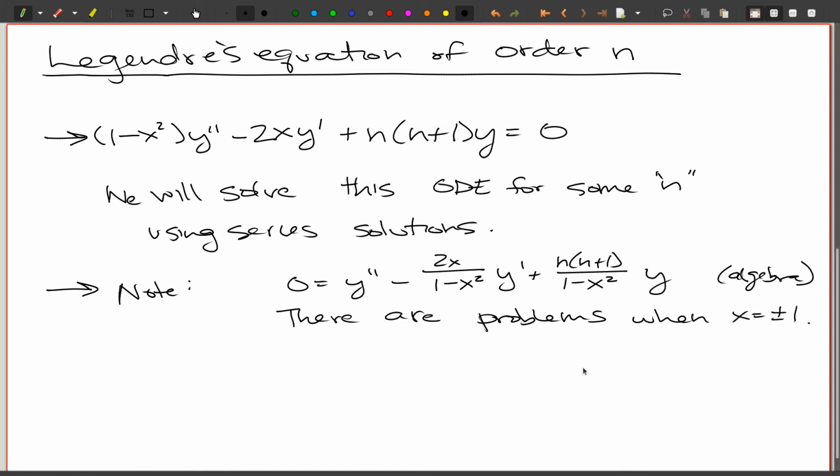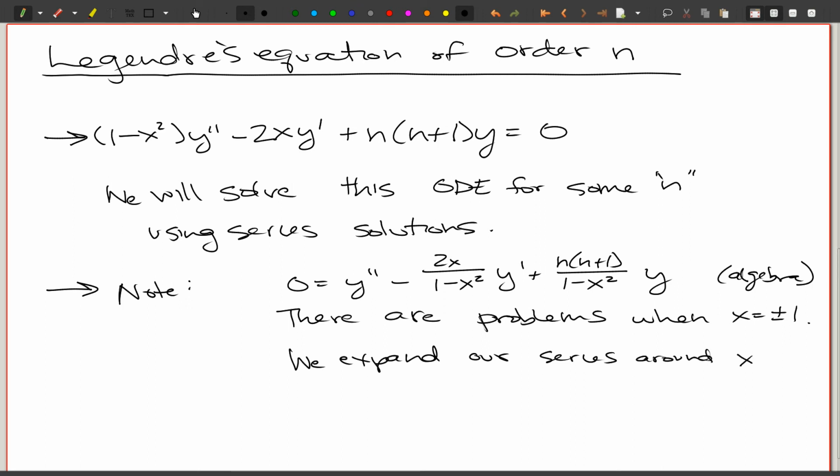So right away, you don't even have to think much about radius of convergence for this problem for series, because you know that we're never going to be able to reach x equals plus or minus 1. So we always expand our series around x equal to 0.